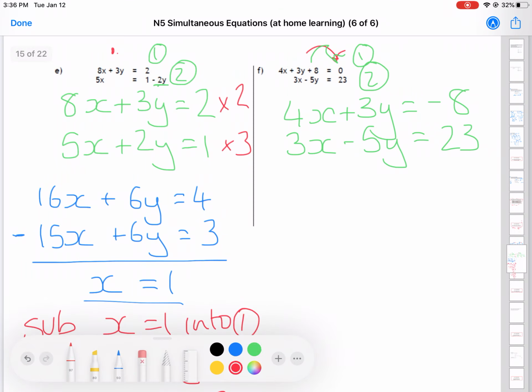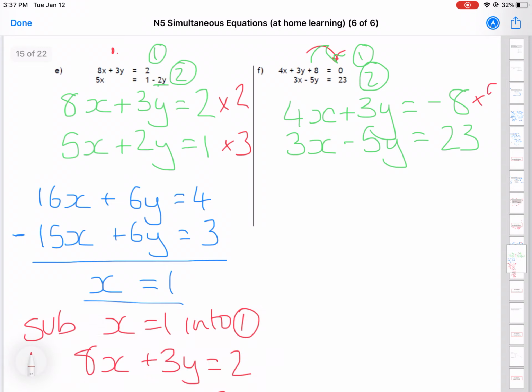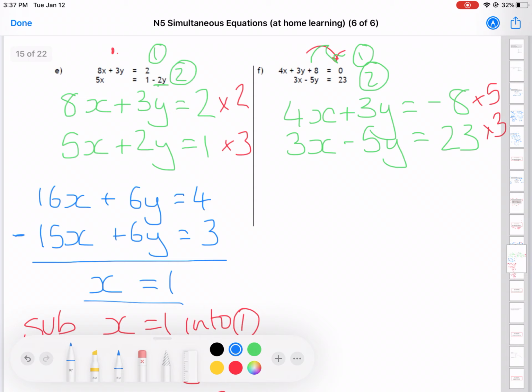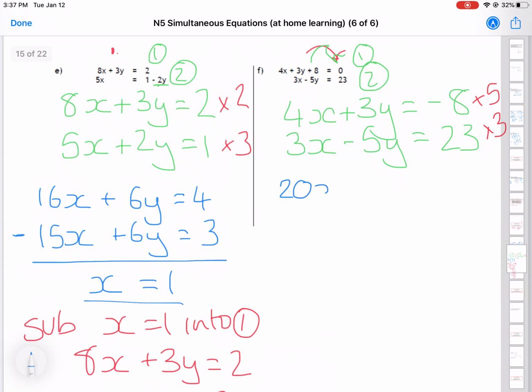As we can see, none of these letters have the same number in front of them. I am going to try and eliminate the y's. So times top by 5, times the bottom by 3, and then both y's will have 15 in front of them. So we've got 20x plus 15y equals negative 40.